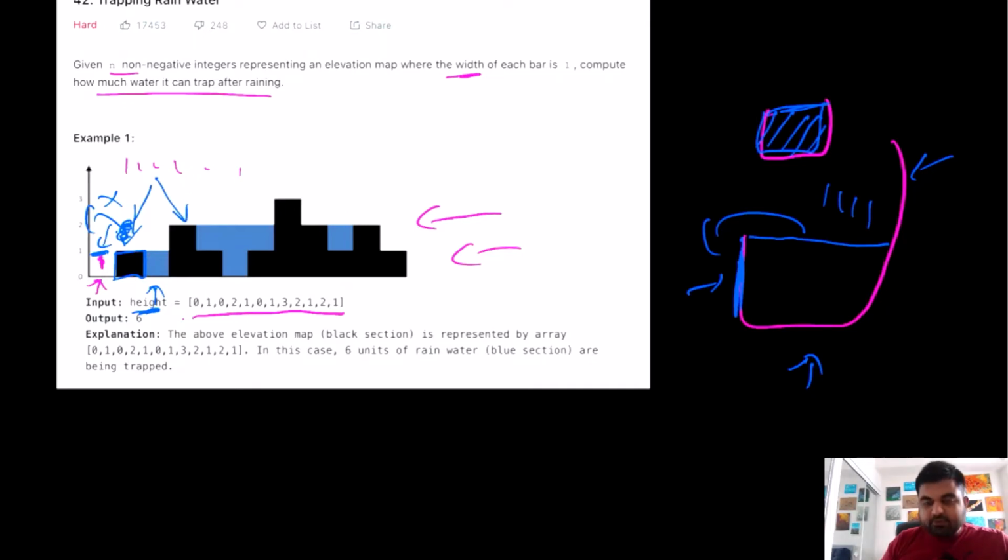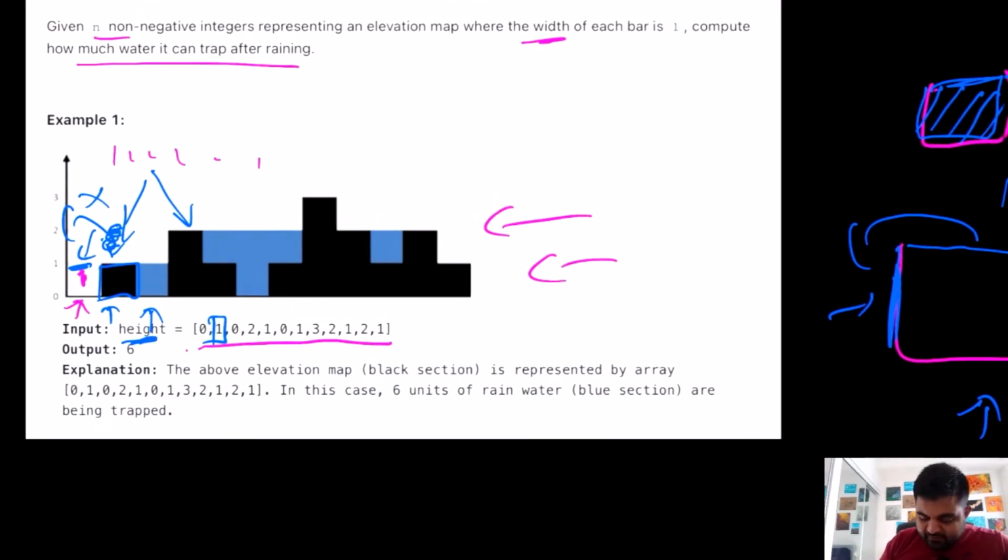Now if we look at this third position over here, because there exists a height difference between these two positions, we have a scenario that looks like this, where when the rain falls, on the left side we have a bar of height 1, and on the right side we have a bar of height 2, which means that there exists an empty vacuum where water can fall in and be stored.